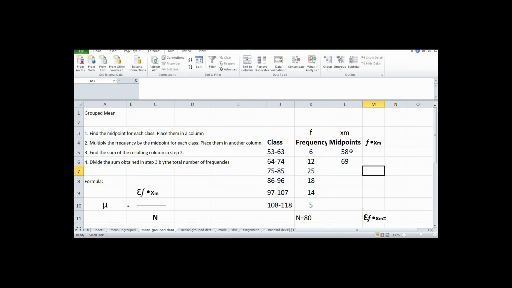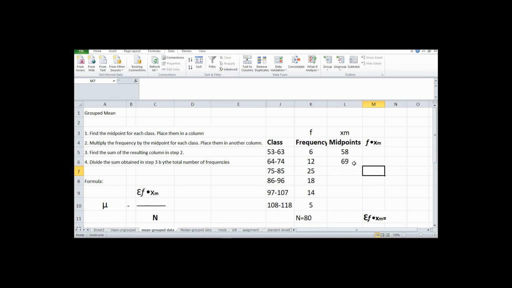If you will observe, our class width is 11. And the distance between the first class lower limit and the second class lower limit is 11. If you will observe, there is a pattern here. So we have 58 and 69, and you're correct, the distance between the first class and the second class is 11.